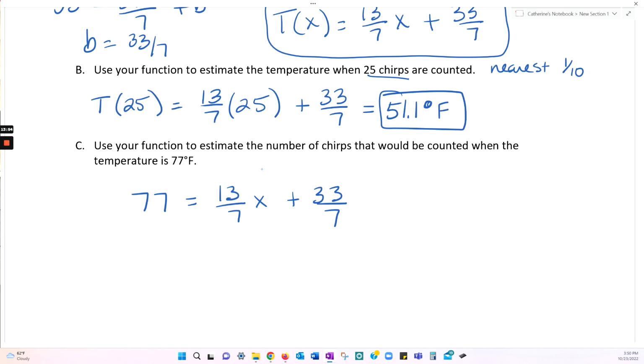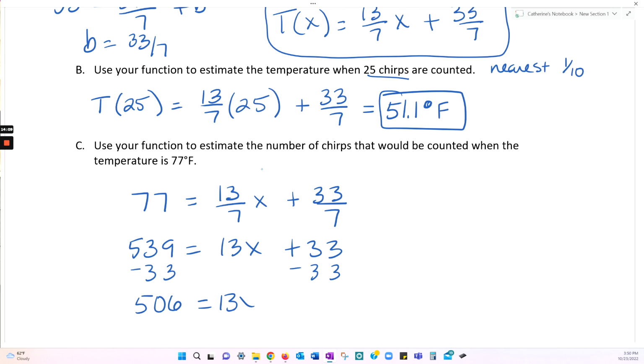And so I get 539 equals 13x plus 33. So now subtract 33. So 506 equals 13x.